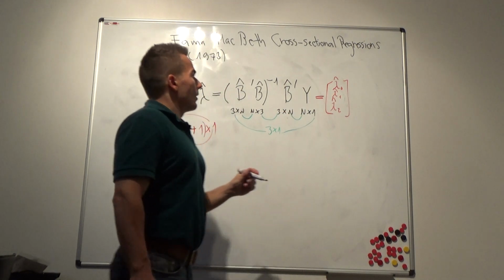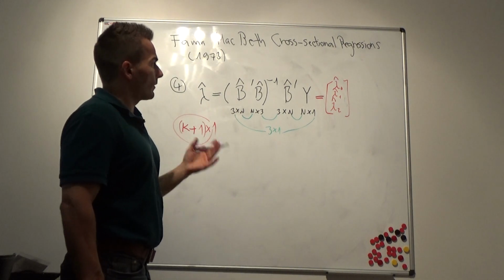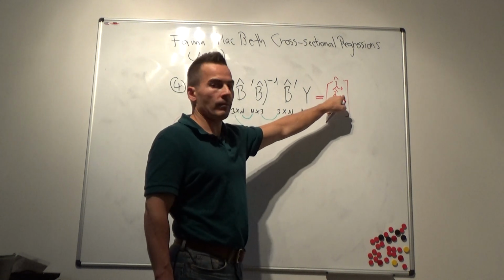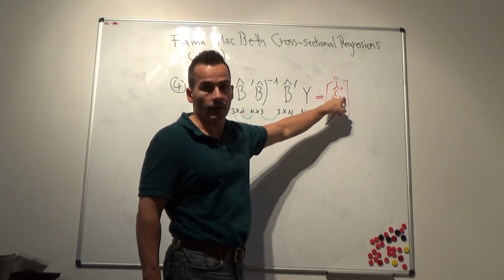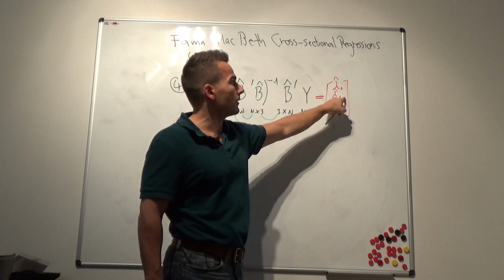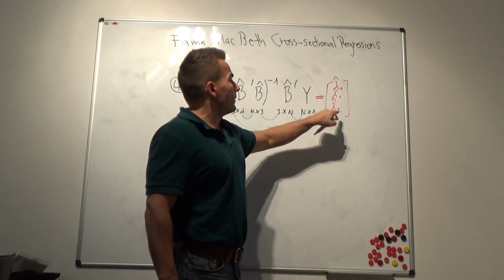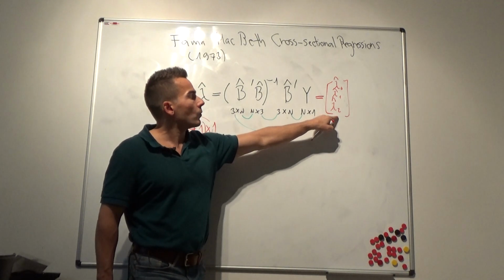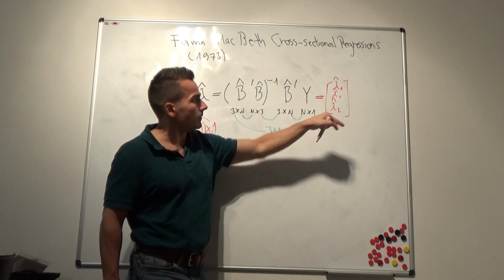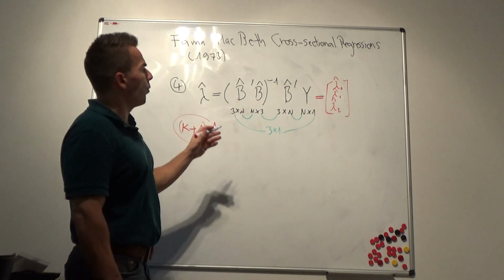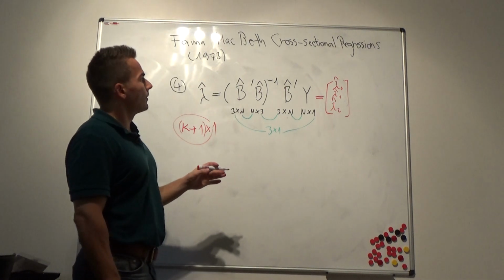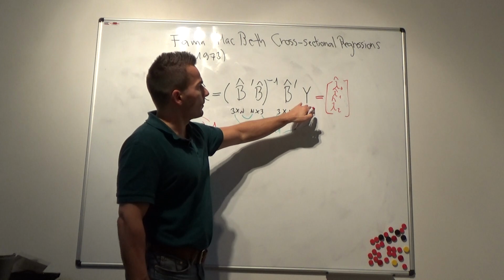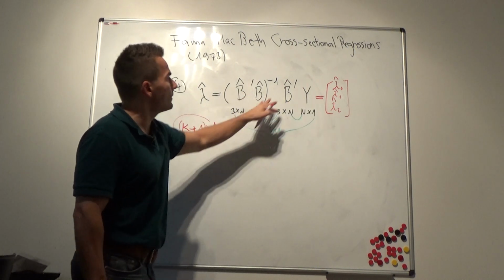So what do we do with it? What does that mean? Lambda 1 hat is the risk premium associated with the first risk factor, with our x1. Lambda 2 hat is the risk premium associated with our second risk factor. And now remember, what are we doing here? We regress the expected return, the average return y, on the betas.